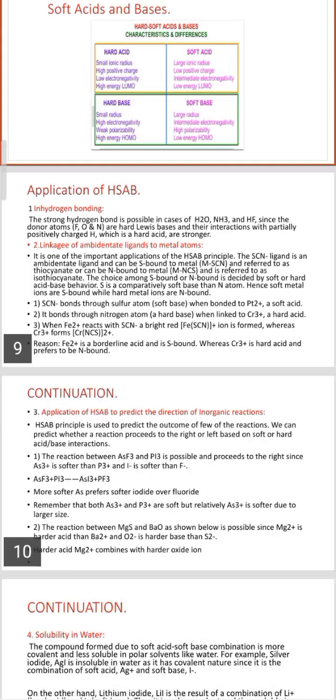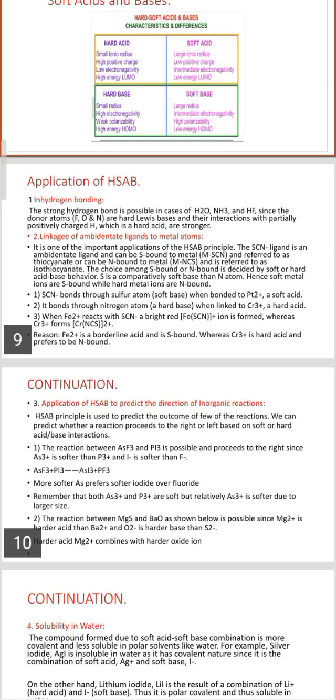Another application is the linkage of ambidentate ligands to metal atoms. We are going to understand this linkage better when I drop the video on complex compounds, or complex chemistry.